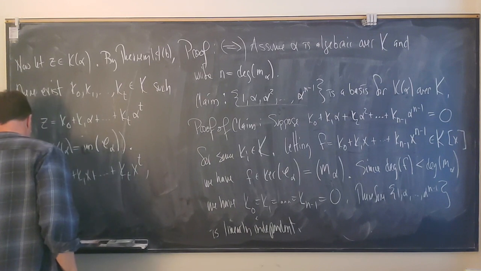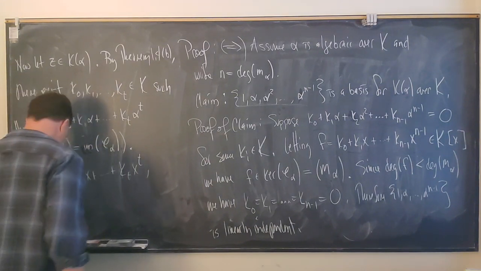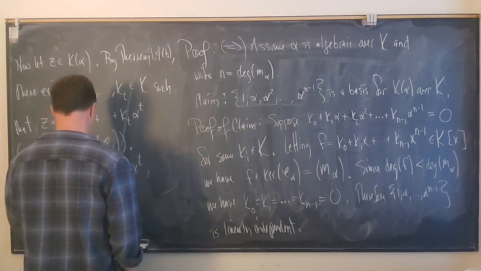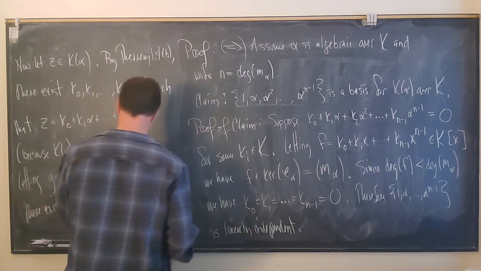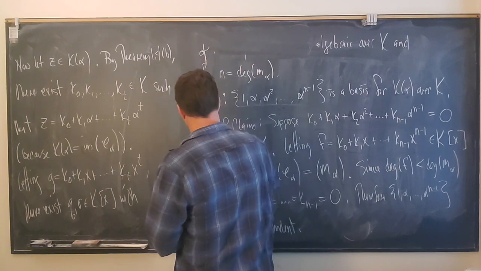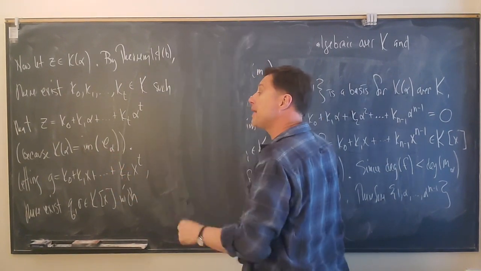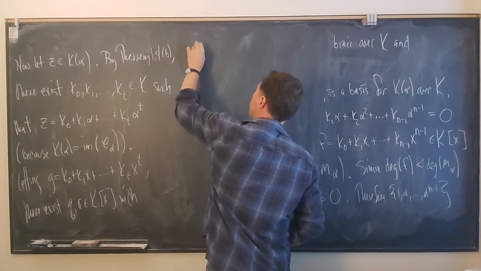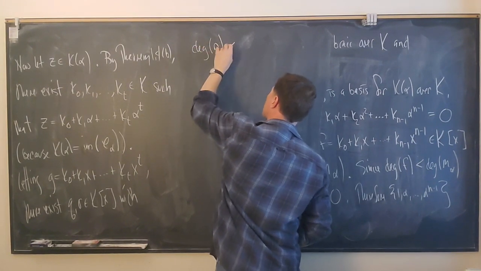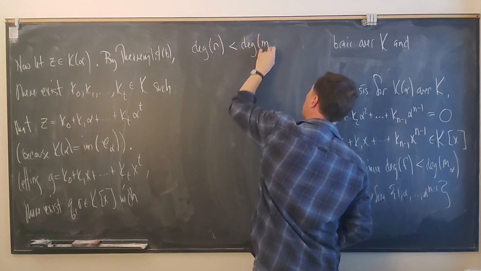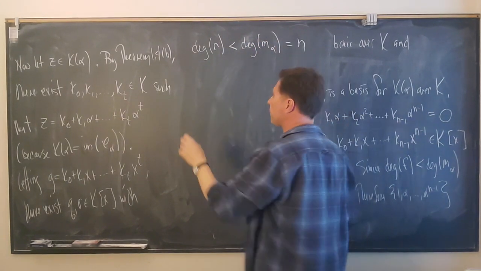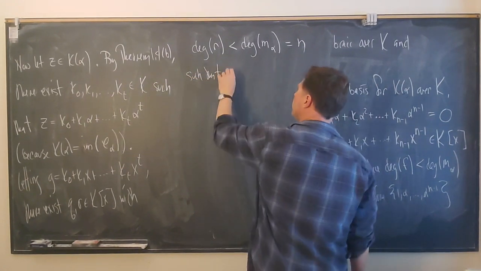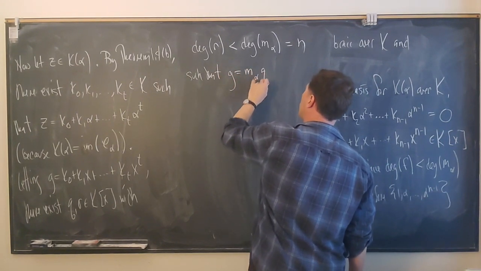So there exist q and r in K bracket x, where I'm dividing the minimal polynomial into g, with the degree of r strictly less than the degree of the minimal polynomial, which we know is n, such that g is equal to m sub alpha q plus r.